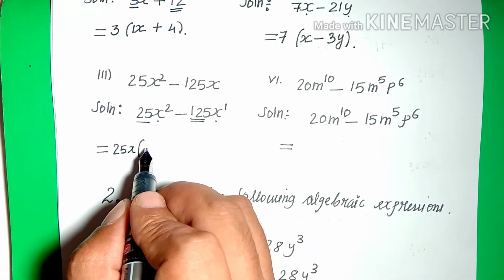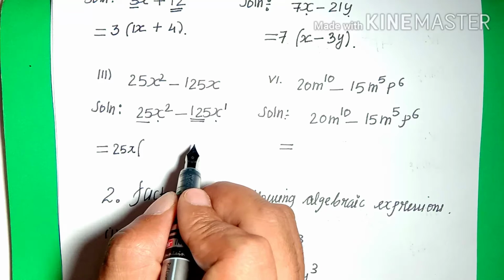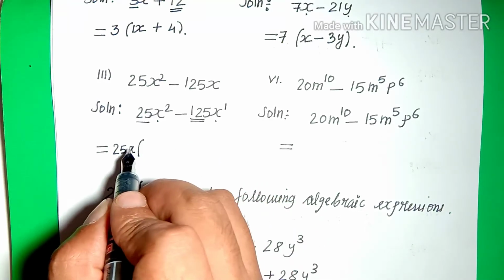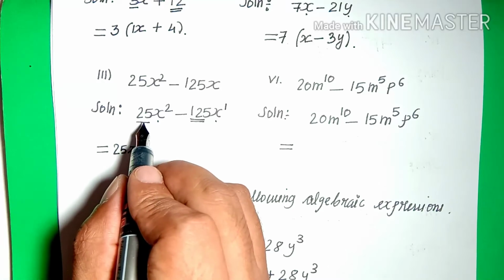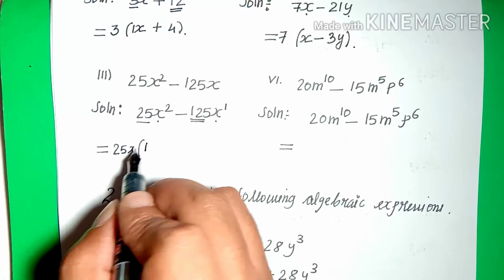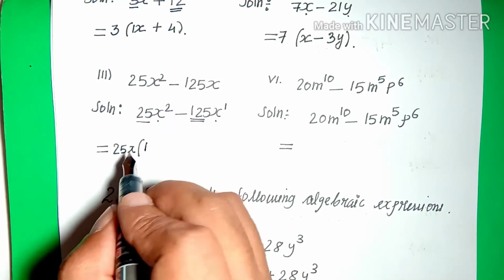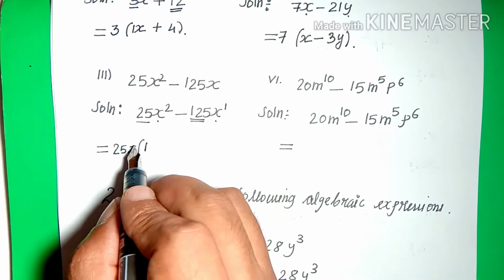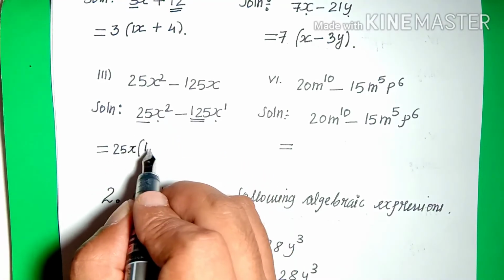Now you collect whatever is left out, and those terms you keep inside the bracket. 25 into how many times equals 25? Yes, 25 into 1. After that, here x squared, and since we already took x common, you just subtract the powers: 2 minus 1 is 1.